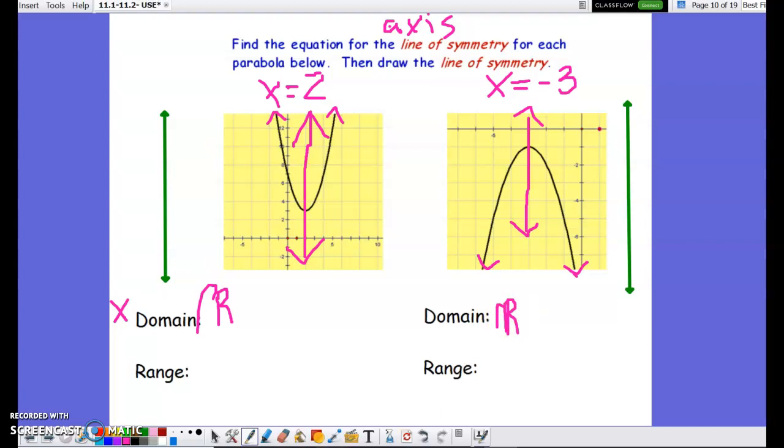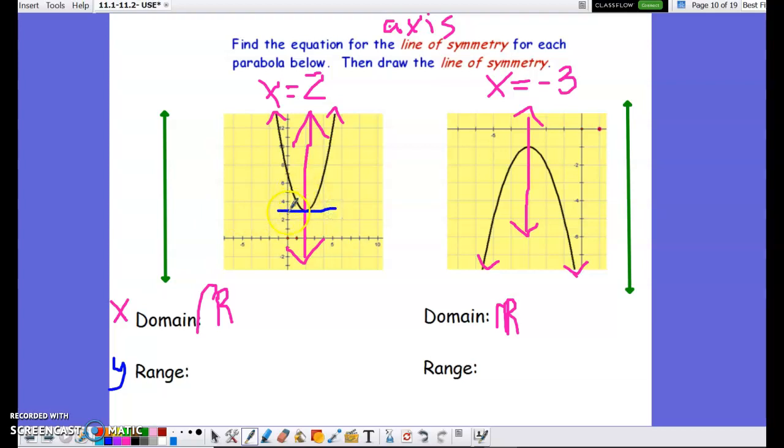For range now, however, range is talking about y values. So instead of thinking left and right like we did with domain, with range we remember we've got to think up and down. If I look at this first graph and think about how high it goes, notice the arrows are on top, meaning that thing's going to go up forever. If I think about how low it goes, it looks like it comes down to right here, but it doesn't go down forever.